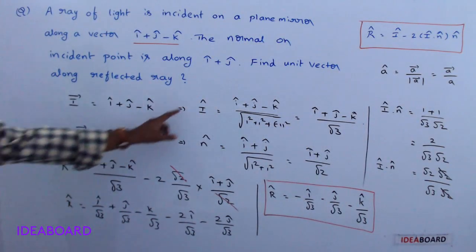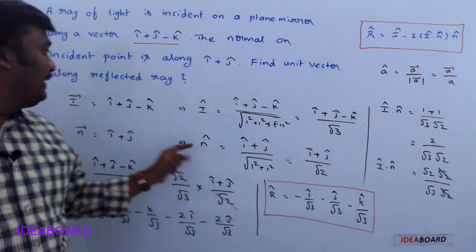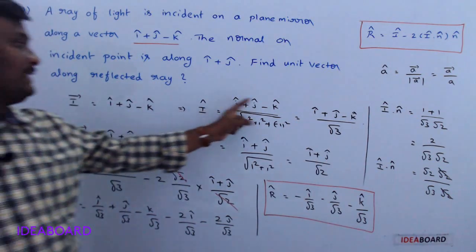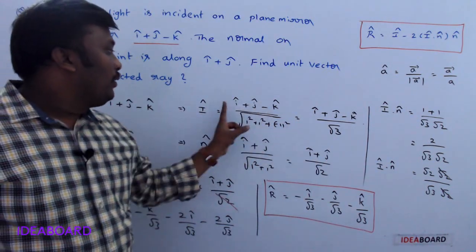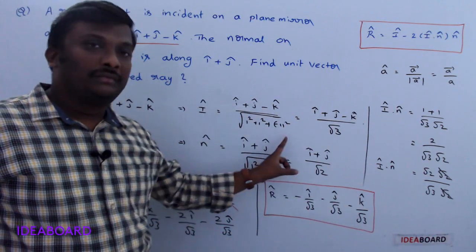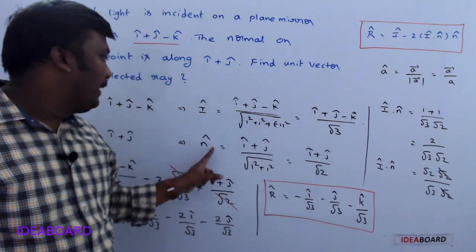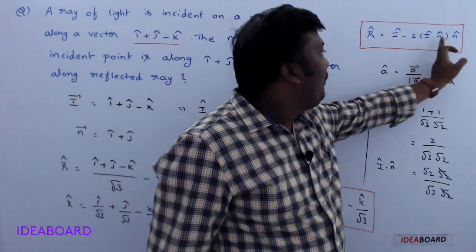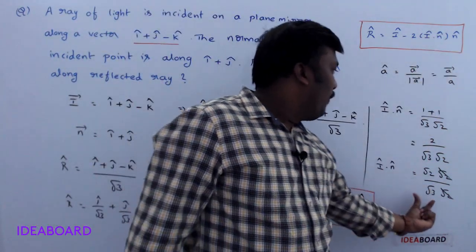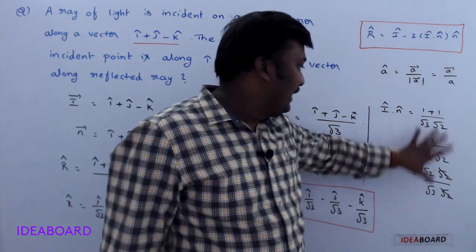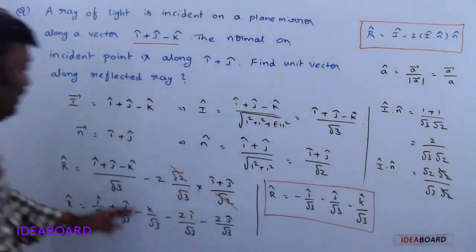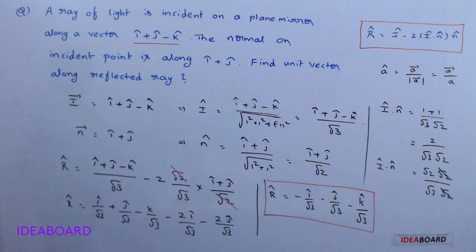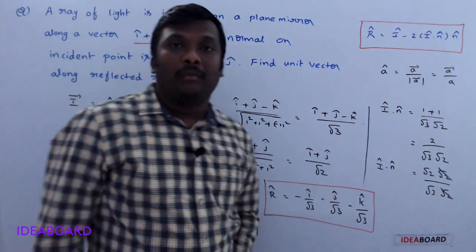For that, first of all, we find the unit vectors. A unit vector is nothing but i cap plus j cap minus k cap by under root of their coefficients. Then you get the values of i cap and n cap. Now, we required the dot product i cap dot n cap. So we found the value of i cap dot n cap here. That value will be substituted in the formula of r cap. Then we got the formula.